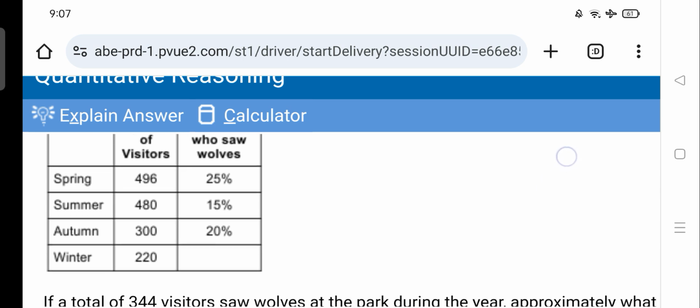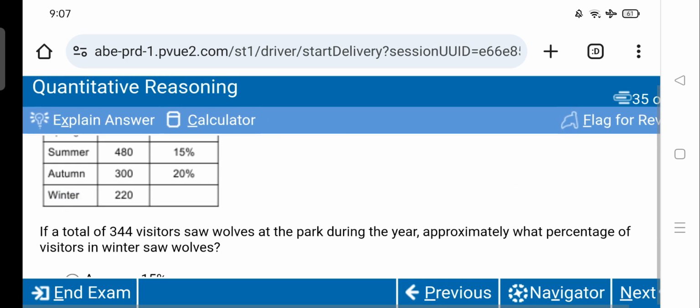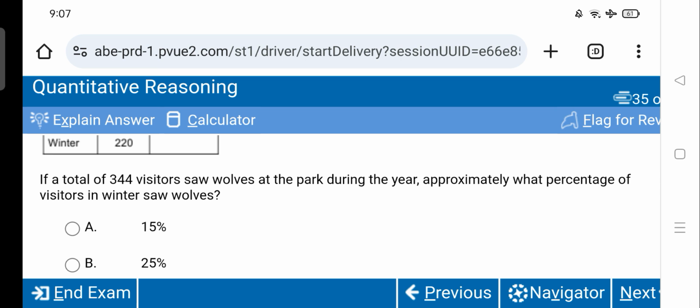Spring, summer, autumn, winter, and then we have these values. Question is that if a total of 344 visitors saw wolves at the park during the year, approximately what percentage of visitors in winter saw wolves?